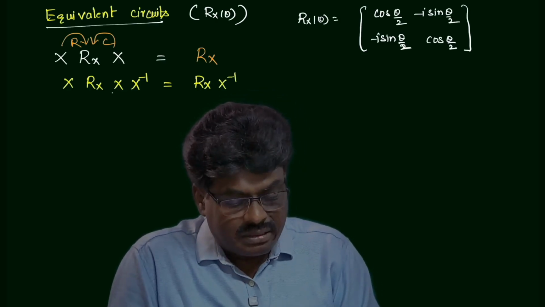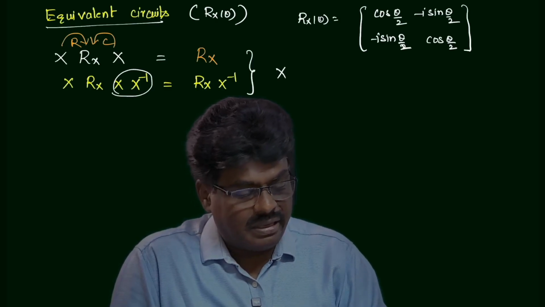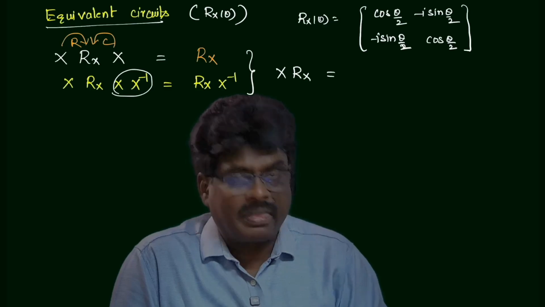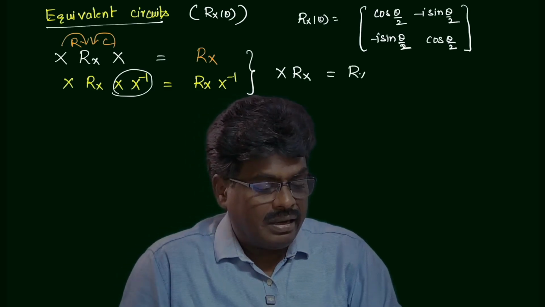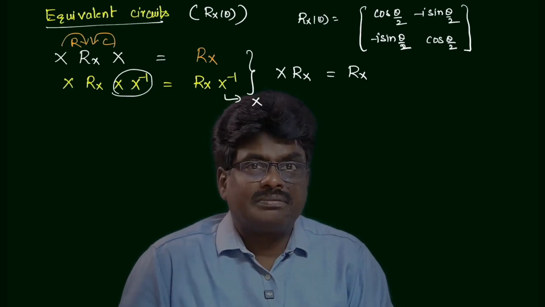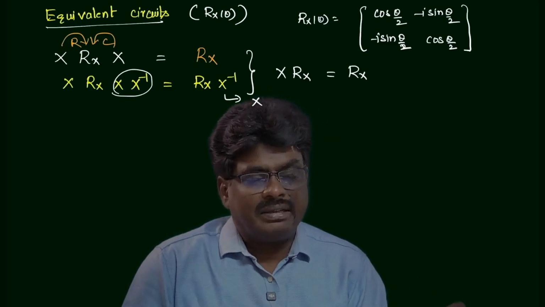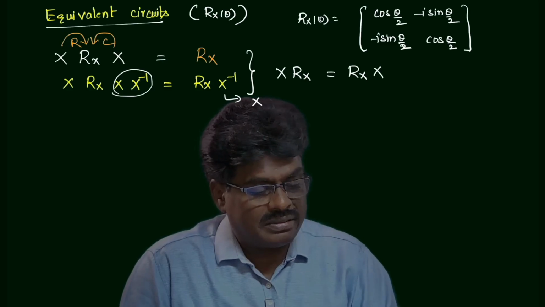Now this x inverse becomes I, so I can take this as x, Rx, identity, and Rx x inverse. X inverse is nothing but x only, because x into x square equals identity, so this is also x. So a commutation relation exists.